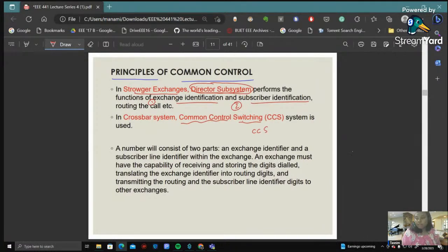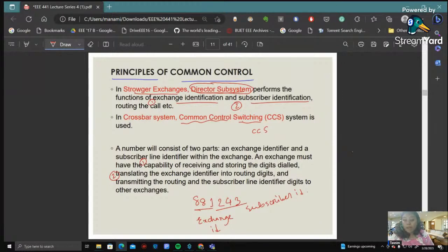So what this is referring to, say this is some number. This will be the exchange identifier, and this will be the subscriber identifier. The exchange must have the capability of receiving and storing the digits dialed, and translating the exchange identifier into routing digits.